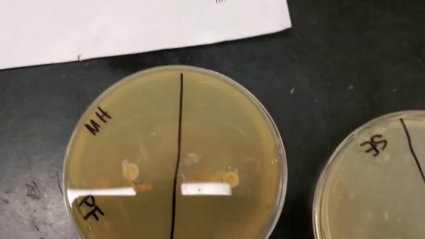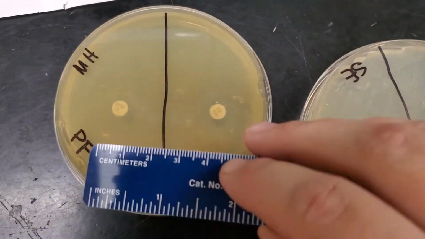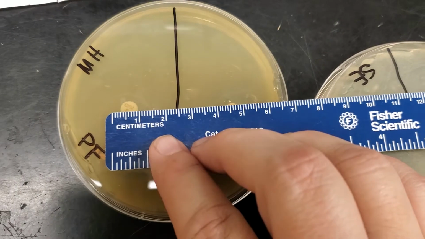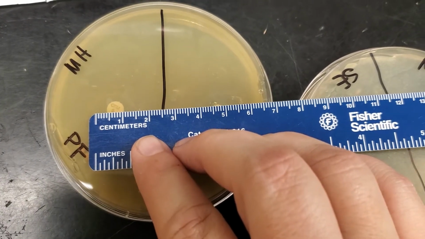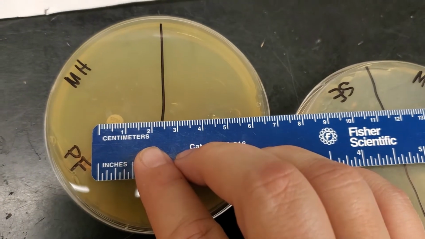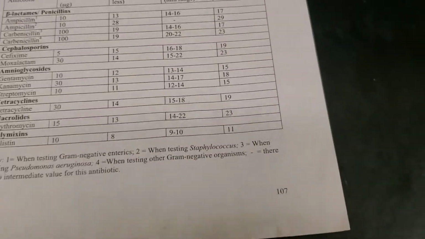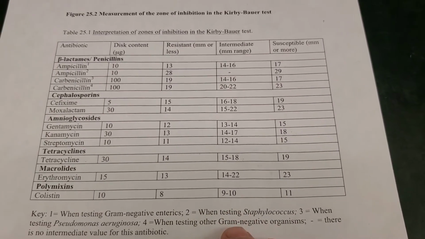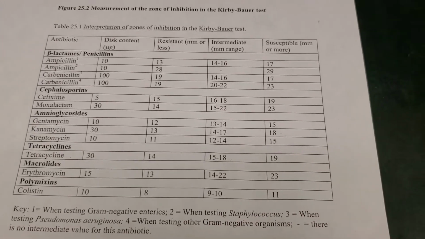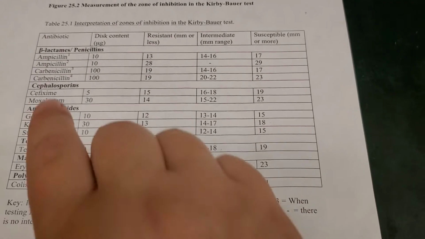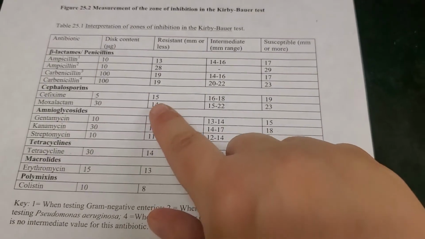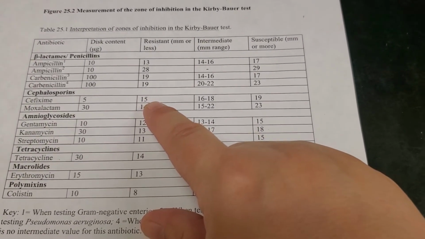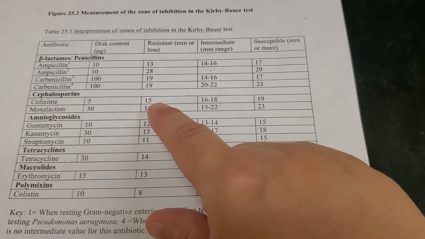Next, for Pseudomonas fragi, we can see our zone of inhibition is quite a bit smaller. We're going to call this 1.2 centimeters or 12 millimeters, and that's for the cefexamine. So again, 12 millimeters for cefexamine is less than 15.